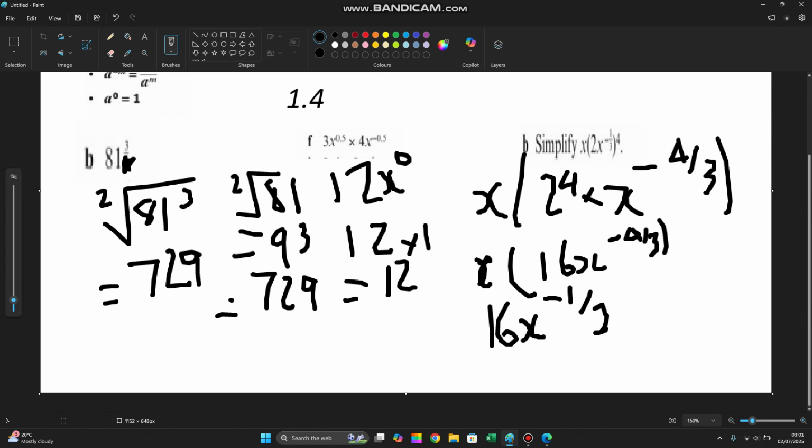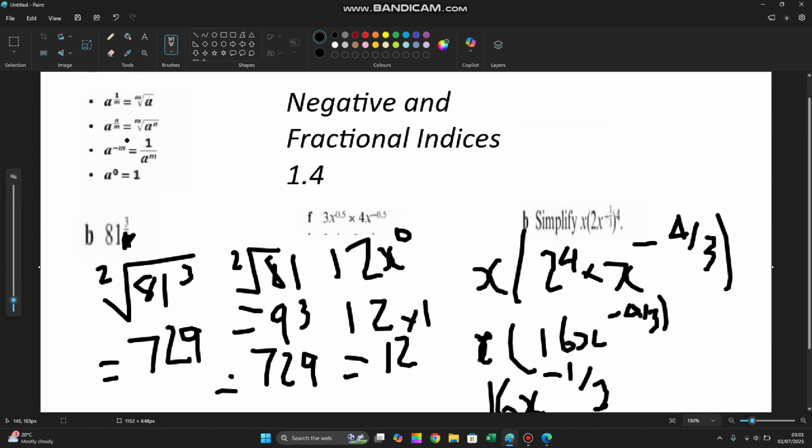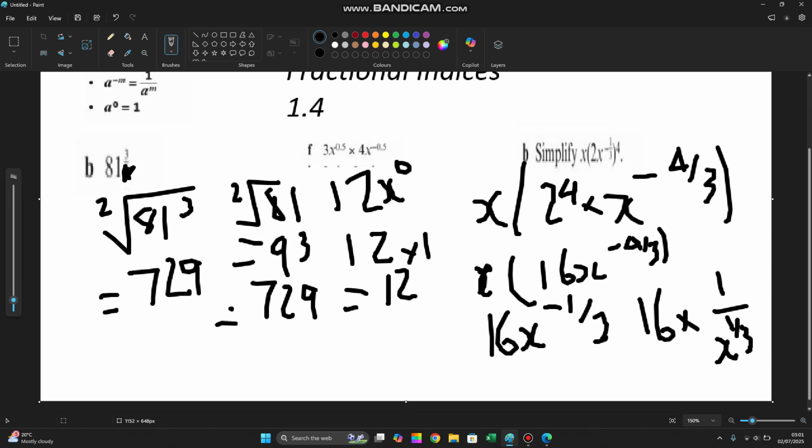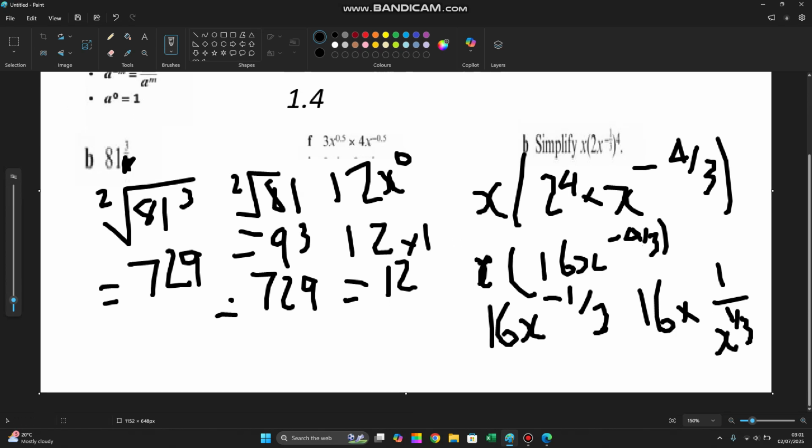16x to the minus a third. We can use our rule here: a to the minus m is 1 over a to the m. Because we're multiplying these together, we can split this up. We can say 16 times 1 over x to the third. X to the minus third is just 1 over x to the third.